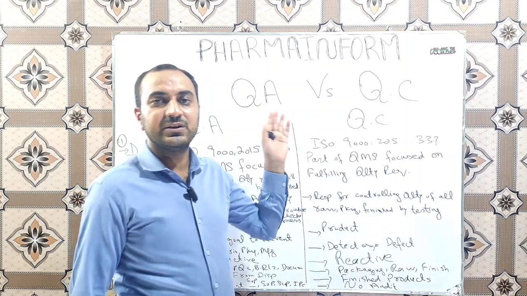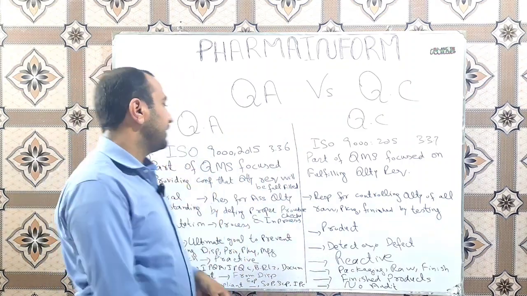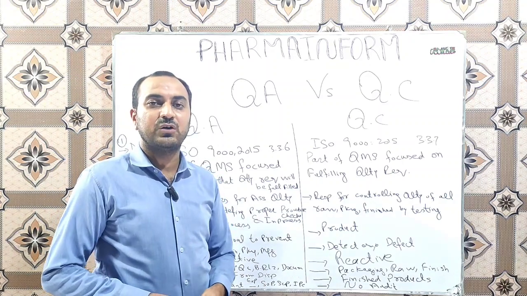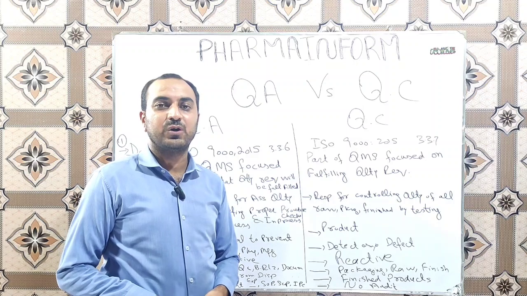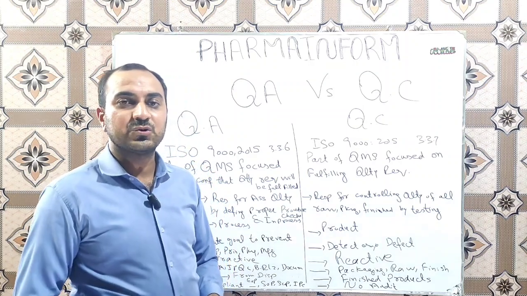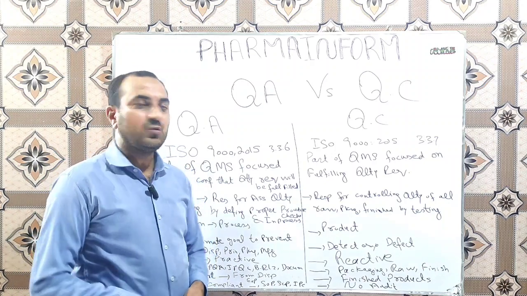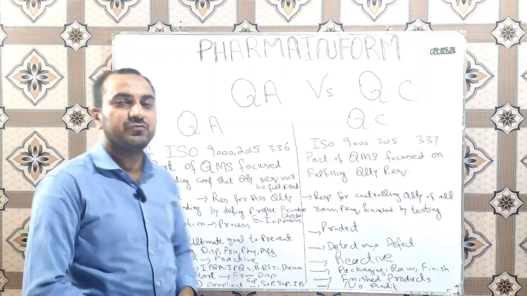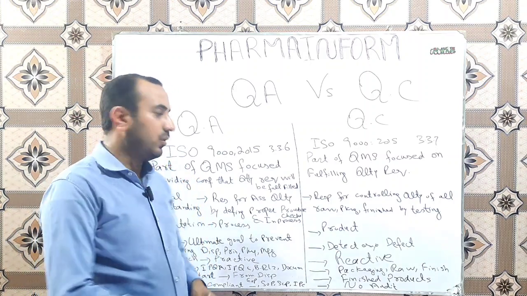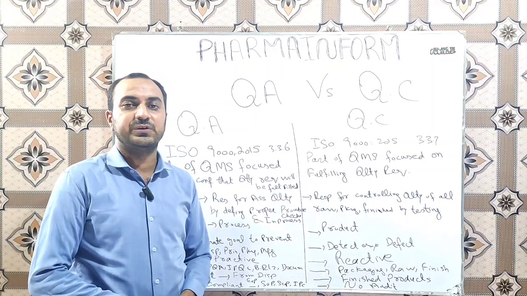We will start the difference from definitions. According to ISO 9000-2015, clause number 3.3.6, quality assurance is defined as the part of QMS which is focused on providing confidence that quality requirements of a product will be fulfilled.